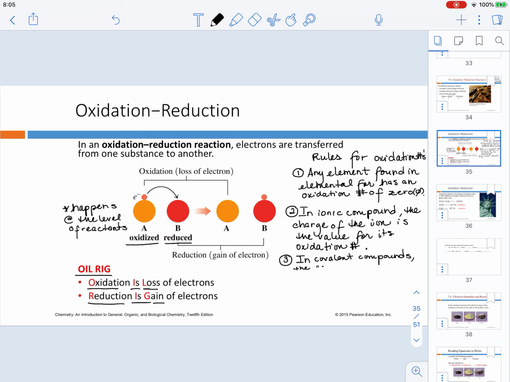The "charge", and I put charge in quotes because in covalent compounds those nonmetals do not have a charge, that's why I'm just mentioning it. In covalent compounds, the charge of the second nonmetal equals its oxidation number.